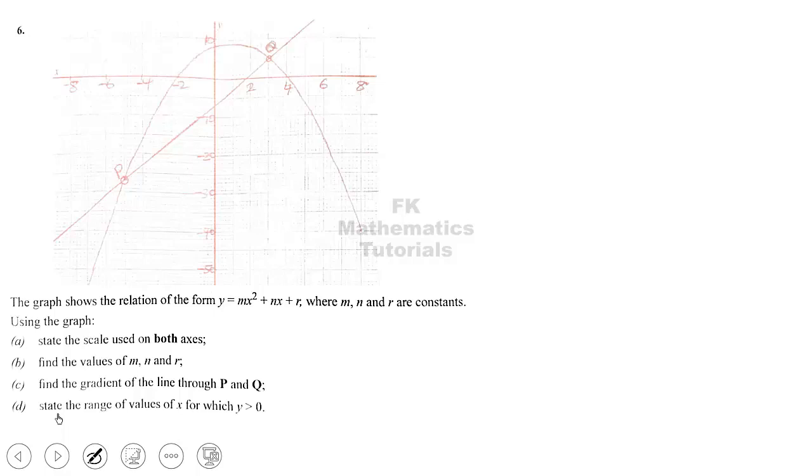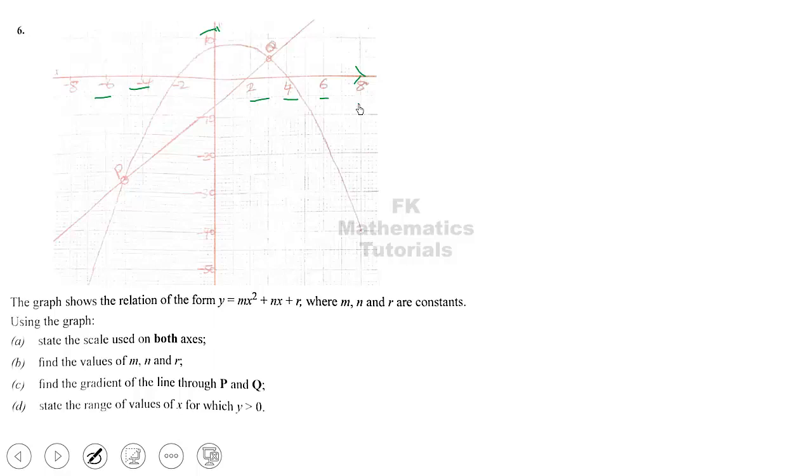So the scale on both axes: this is the x-axis and this is the y-axis. On the x-axis, you can see we move from -2, then -4, -6, 2, 4, 6, so intervals of 2.